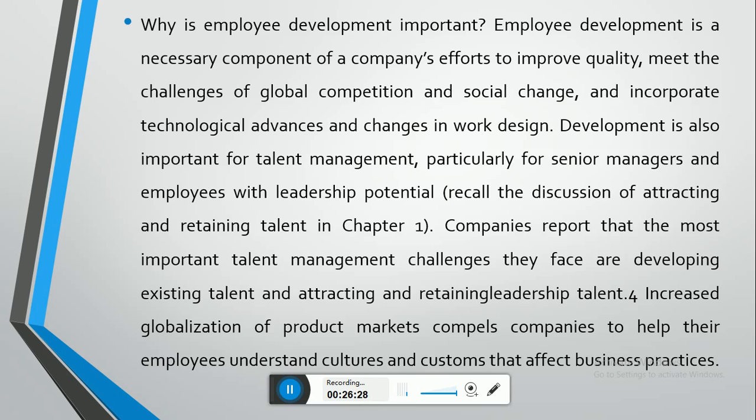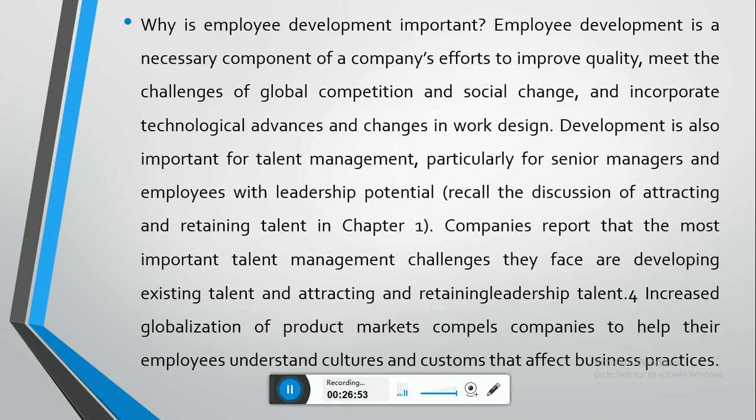We have discussed this in employee training as well. Employee development is a necessary component of a company's effort to improve quality, meet the challenges of global competition and social changes, and incorporate technological advances and changes in work design. These are very simple points, and I think we have discussed this in training as well.